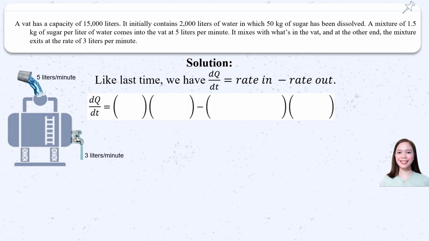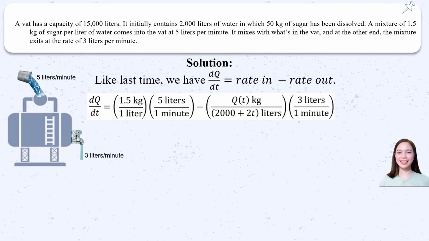So we have here dQ/dt is equal to the product of 1.5 kilograms over 1 liter times 5 liters over 1 minute, minus the product of Q(t) in kilograms over (2000 + 2t) in liters times 3 liters over 1 minute.